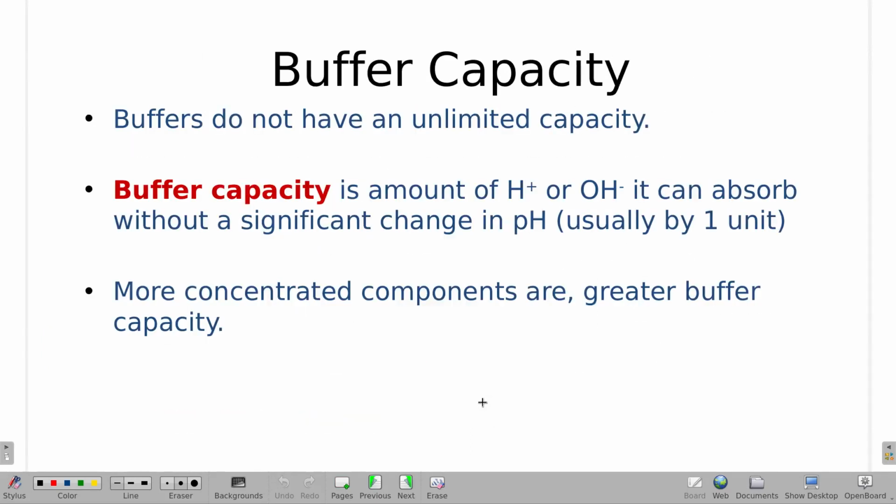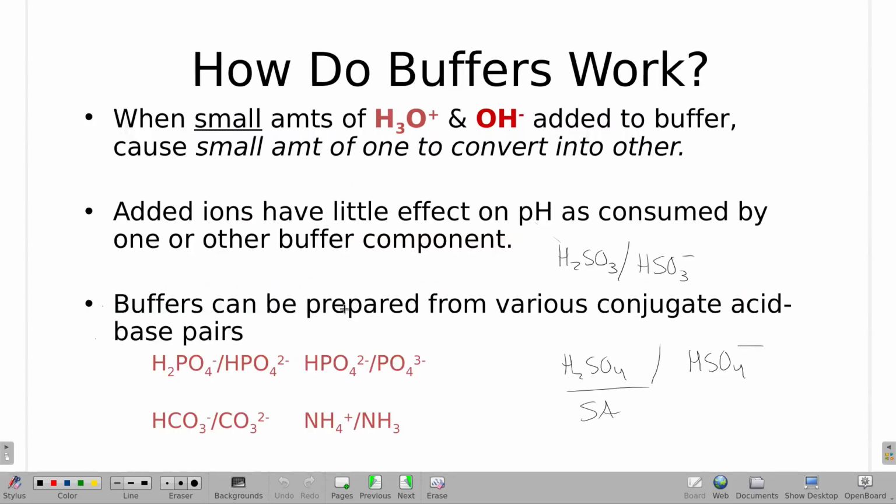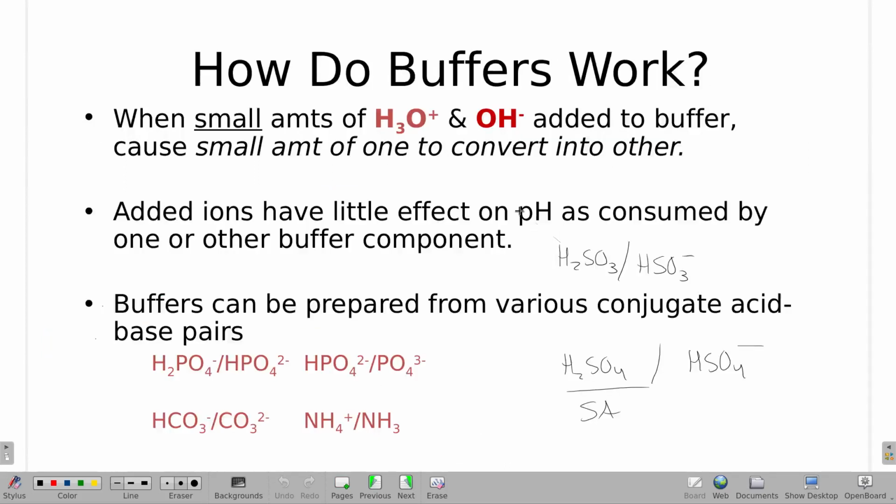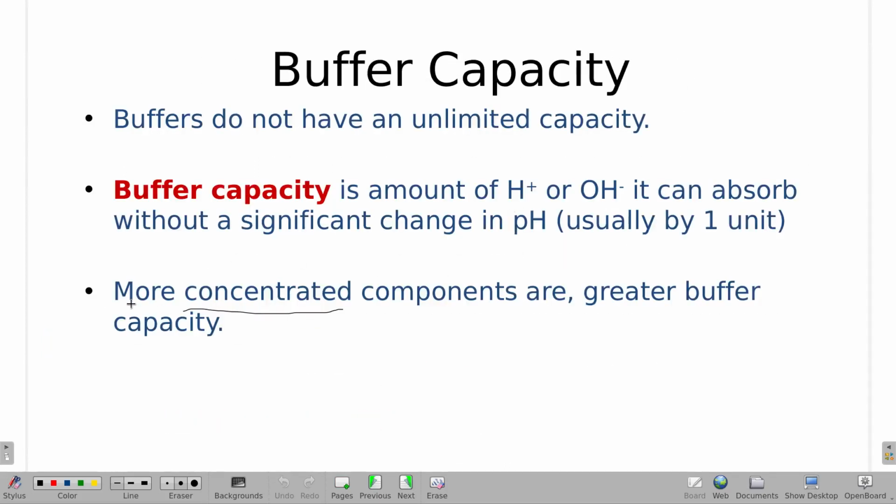Well, that buffer capacity is based on the concentration. So I said we want these to be equal concentration. Well, if we make them equal at 1 molar or 5 molar, they both start with the same pH. But the one made with the 5 molar is going to resist the change longer because there's more components of that buffer. So buffer capacity is just related to the concentration. The more concentrated your components are, the greater the buffer capacity.